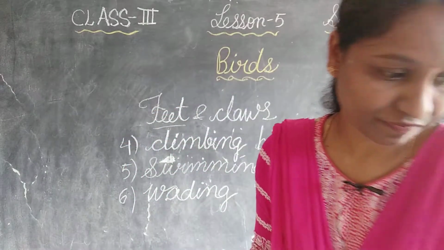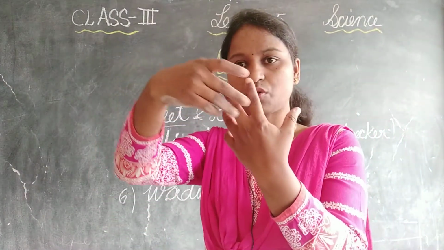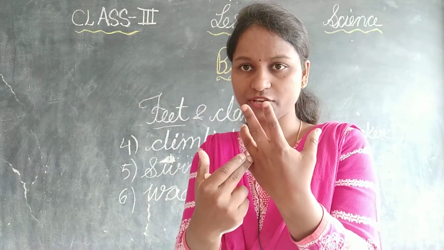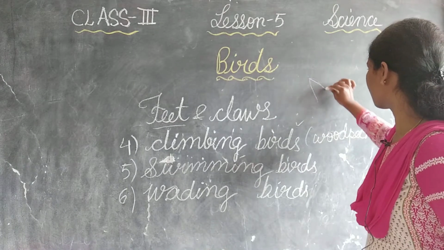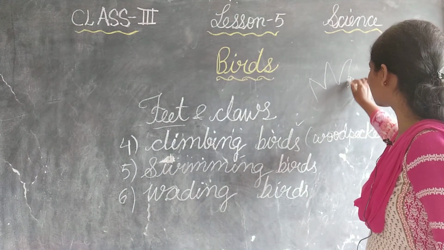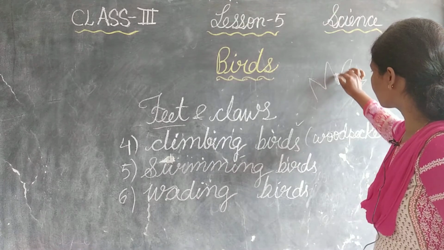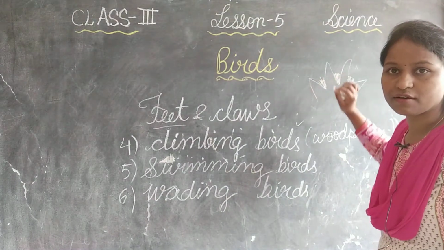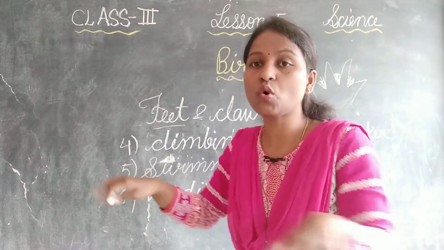Okay children, they have joined skin between the toes. I'll show here, in the webbed feet, the skin is joined to them, and cartilage is present in them. Their skin helps them to swim.